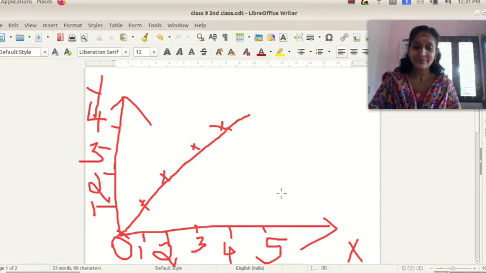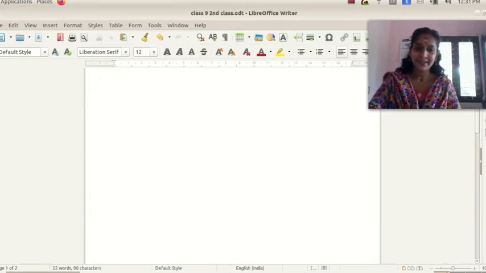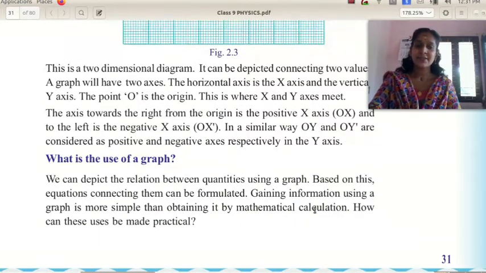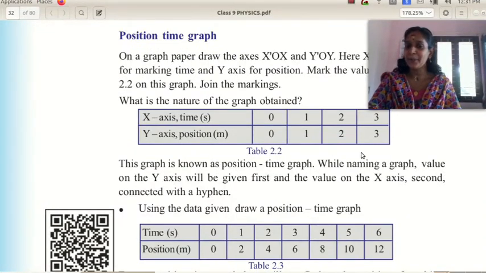Yes. We can draw another graph like this. So this graph you draw in your graph paper. You draw this graph like this. Okay. In the x-axis you should take 0, 1, 2, 3. In the y-axis you should take 0, 1, 2, 3. This graph is known as position time graph.